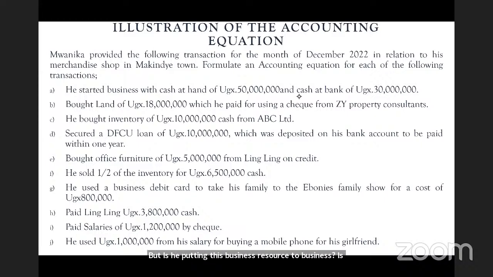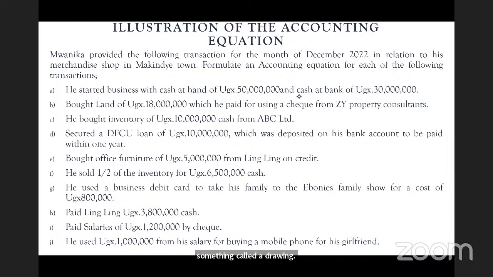So this is going to bring what we call a drawing. Are we together? Yeah, it will bring what we call a drawing. So what is changing? Money in the bank is going to reduce by 800,000. And then capital under equity, we are going to introduce something called a drawing. Are we together?